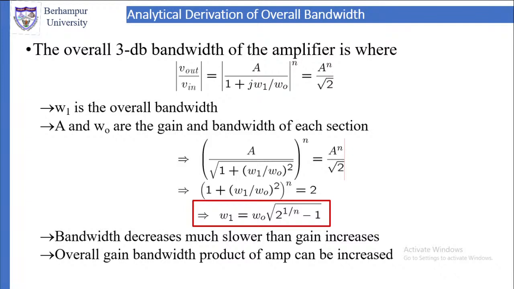This indicates that bandwidth decreases much slower than the gain increases. So if the gain is increasing, the bandwidth is not decreasing in proportion. The decrease in bandwidth is much slower if you use cascading. The overall gain bandwidth product of the amplifier can be increased. From this we get this much information.